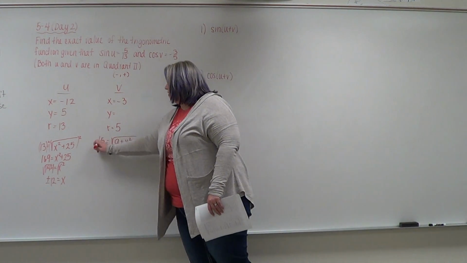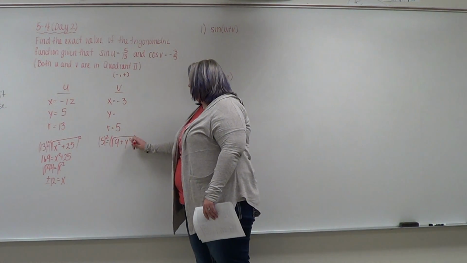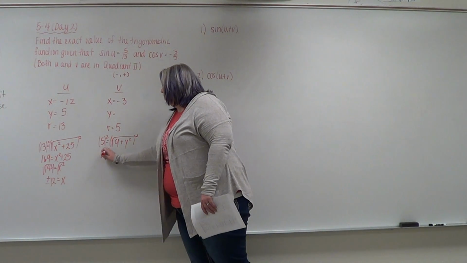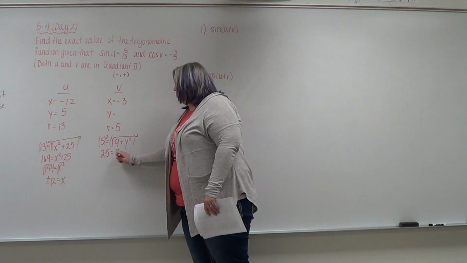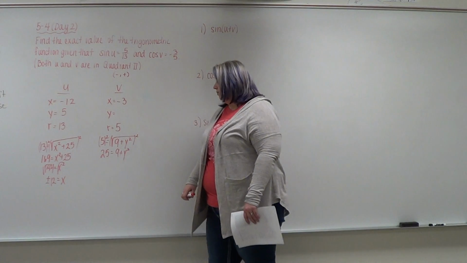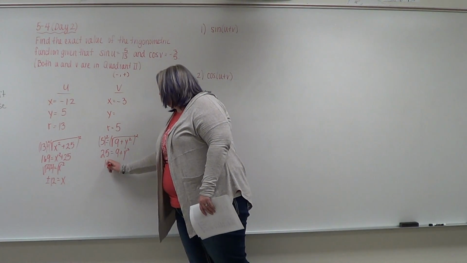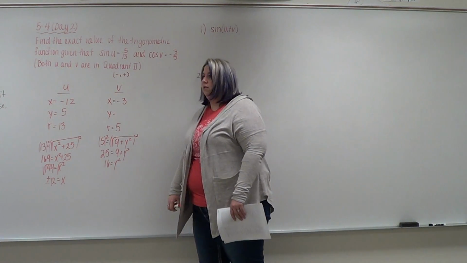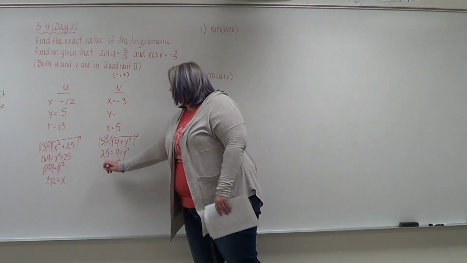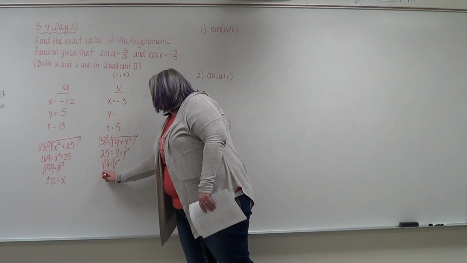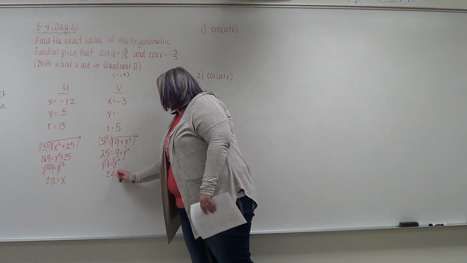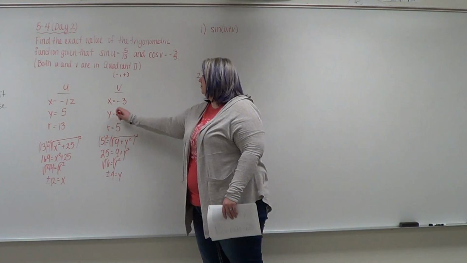Square both sides. So 25 equals 9 plus Y squared. Subtract 9, so 16 equals Y squared. Square root. Okay, so is Y positive 4 or negative 4? Positive.